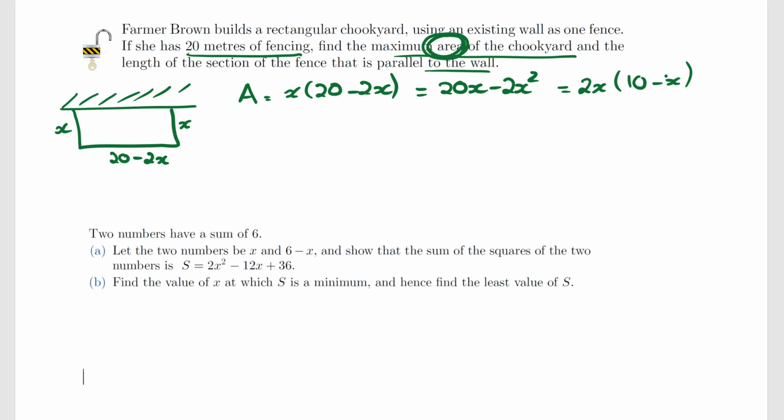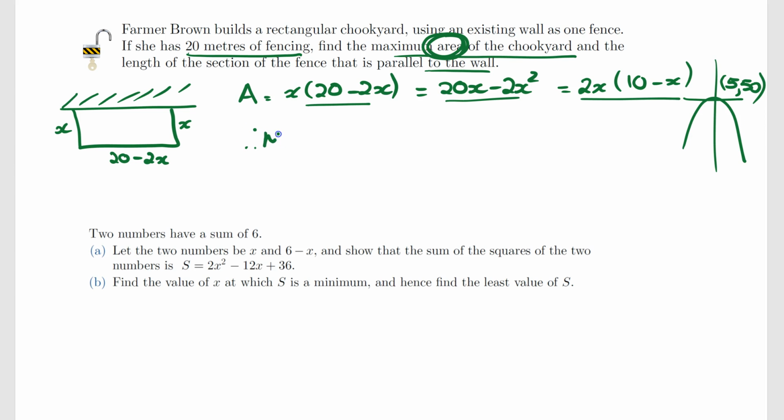That means that the axis of symmetry will be at x equals 5. Because this parabola is concave down, it will have a maximum value, and that maximum value will occur when x equals 5. What is that maximum value? It's what we get when we put 5 back into any one of these three equations. If I stick it into this one, because it's probably the easiest, that gives me 10 by 5. So the maximum value of this parabola is 50, and that is the area.